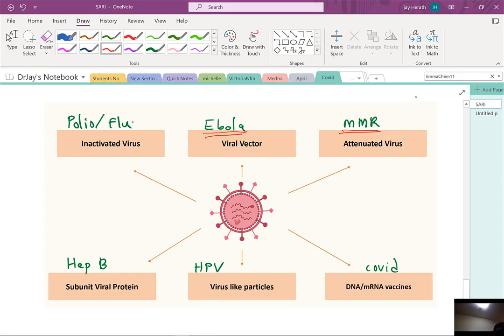The normal flu vaccine and the polio vaccine are basically killed viruses we put into the body, right? And then Hep B is a different type. So these are a few types that we were talking about, the mRNA vaccine, and we talked about the protein vaccine, right? And then there is a possibility of making a DNA vaccine as well. So that's about the types of vaccines.